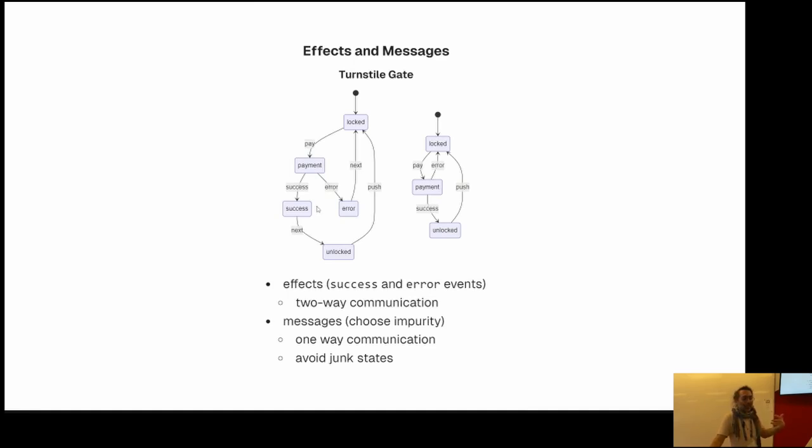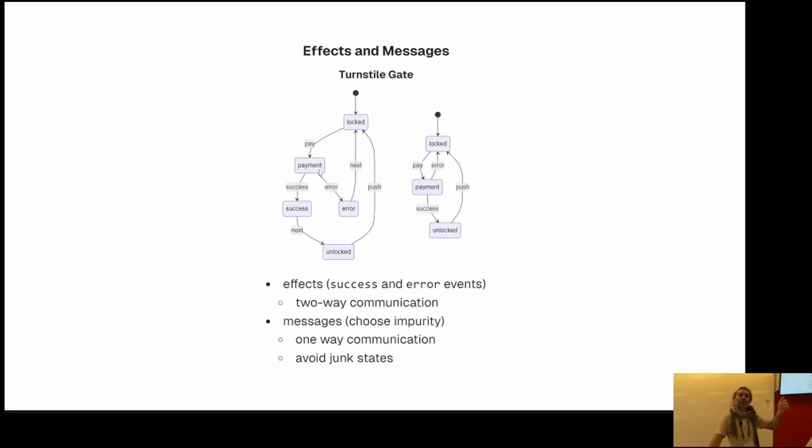But those success and error states are junk states. By this, I mean that all we want to do is send a message upwards. So we don't really want that. To avoid creating junk states, we will need to give another capacity to the state machines, which is to send messages.